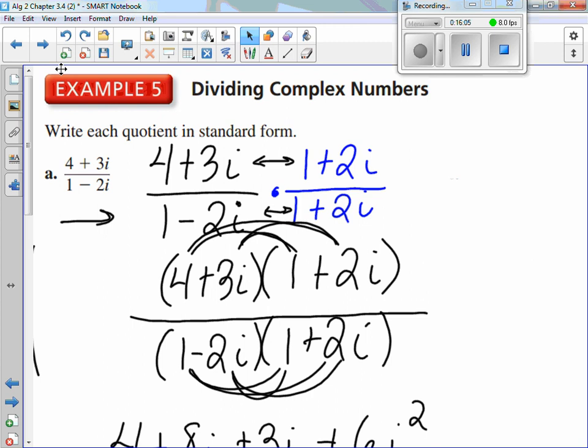Has anybody got an answer that matches up to what we have up on the board? Error. Well, if you just type 4 plus 3i over 1 minus 2i, you don't have to type the whole multiplication in. You got it? Yeah. That one's more advanced. It's a newer one. It'll do this.